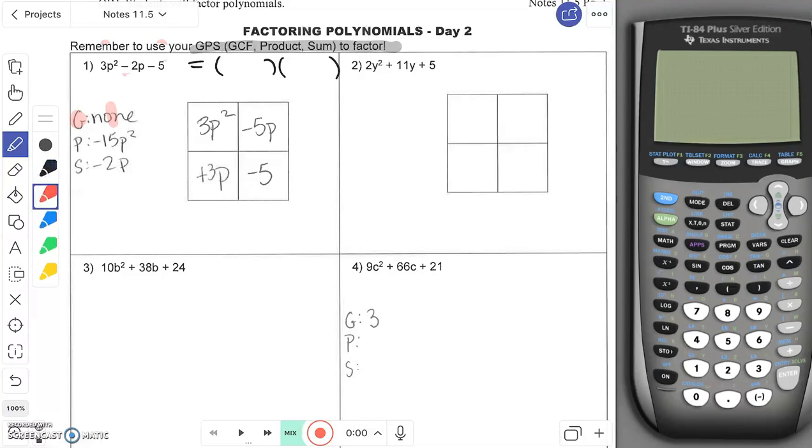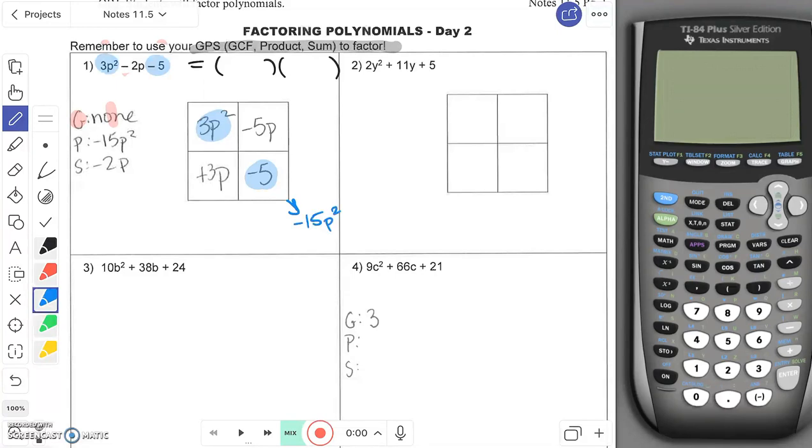So my product is the first and the last, so A and C, multiplied together, and they go into my first and second box. That multiplied together gives me my product, -15p squared.